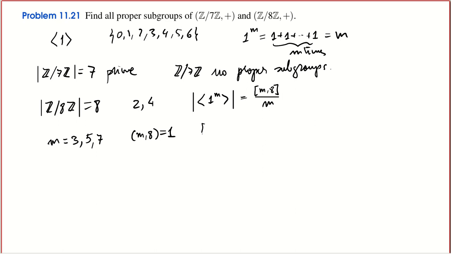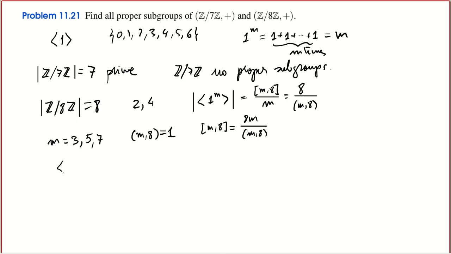Remember that another way of writing the least common multiple is as the product, 8 times m, divided by the greatest common divisor of m and 8. Okay? All right. So if these are co-primes with 8, which they are, then the greatest common divisor is 1, and therefore this is 8.